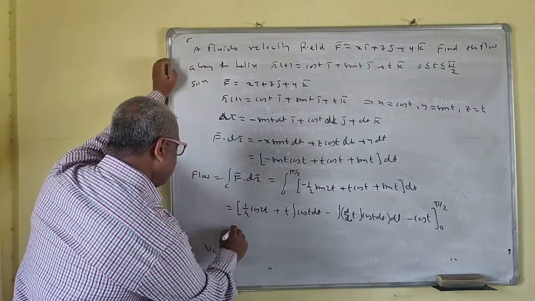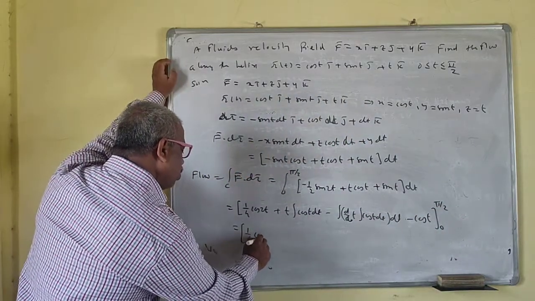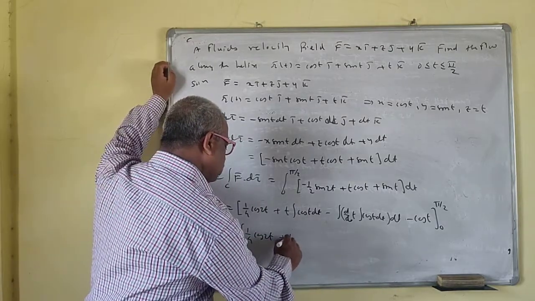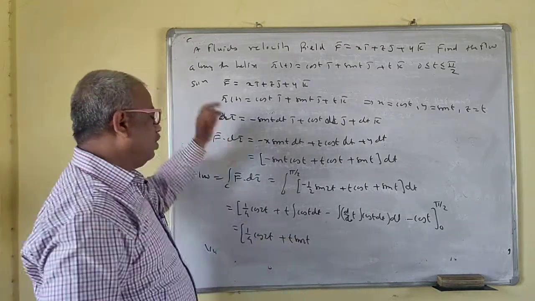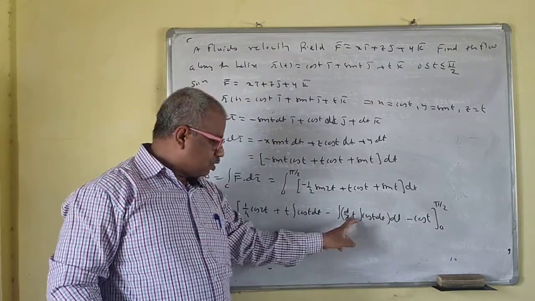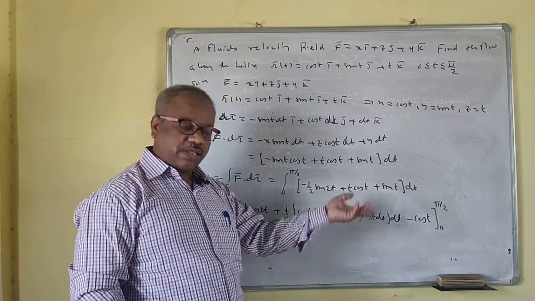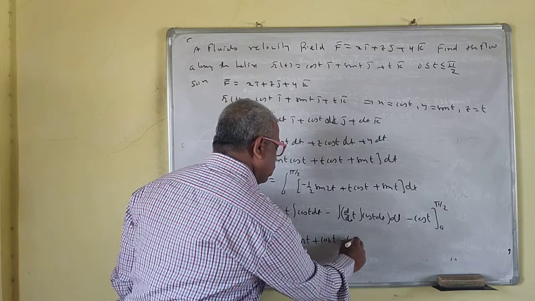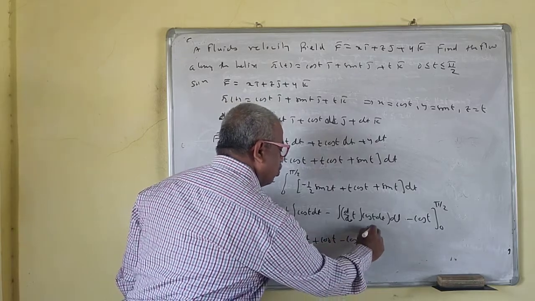So we write 1 by 4 cos 2t. Integration of cos is sin, so plus t sin t. Now the derivative of t is 1, so this is sin, and integration of sin is again minus cos. So this becomes cos t minus cos t, from 0 to pi by 2.